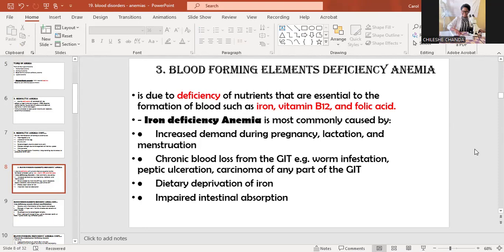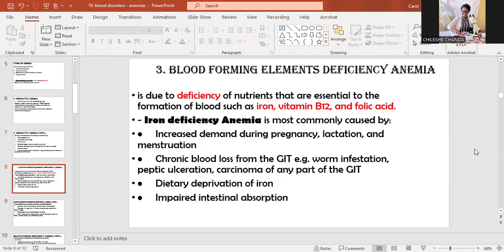Okay, so you find that if the person is not even eating enough, they will have deficient blood forming elements, and therefore they will have anemia. Chronic blood loss, okay, from the GIT, for example, when the patient has been having worms.